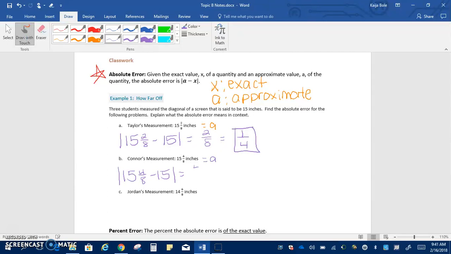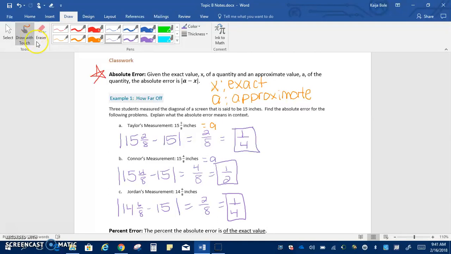So we get 4/8, which is 1/2. And last we have Jordan, which is 14 and 6/8. So we're going to have 14 and 6/8 minus 15. And again, because of that absolute value, this makes it a positive 2/8, which again is 1/4.